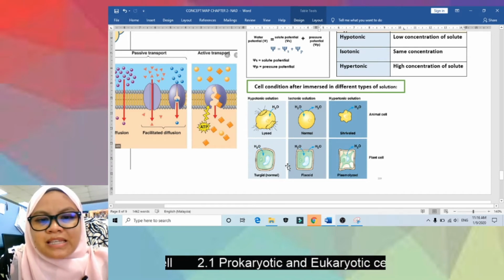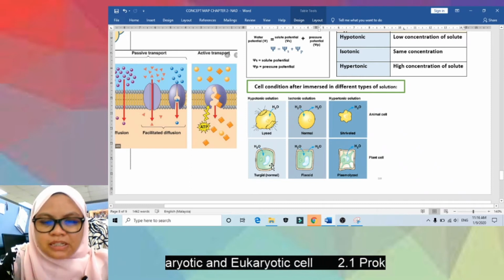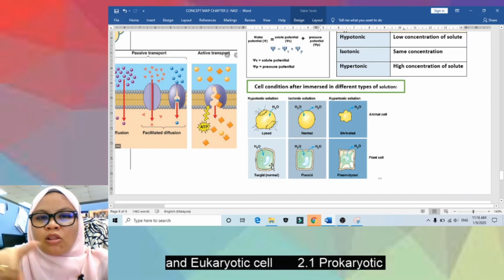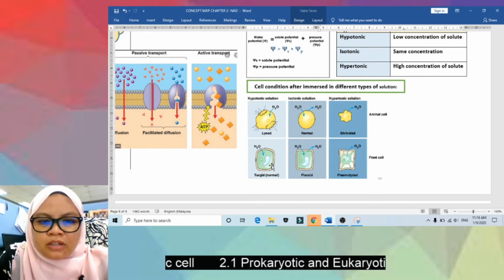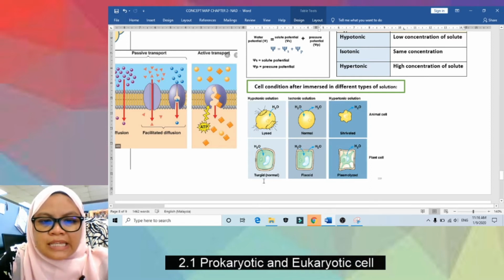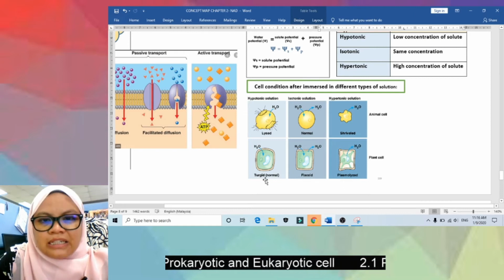But since the plant cell has the cell wall, the plant cell will not burst. It cannot burst because the cell wall is a rigid structure. So this condition we call turgid.